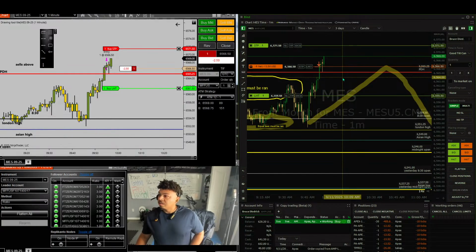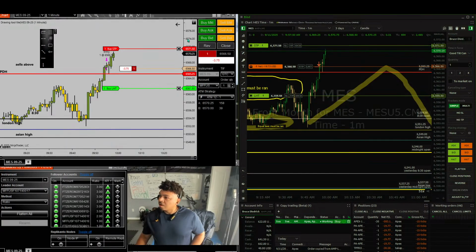It's not even 10 yet, so I should have just waited until 10. Trade seems to be invalidated. Let's see if the stop will get hit.